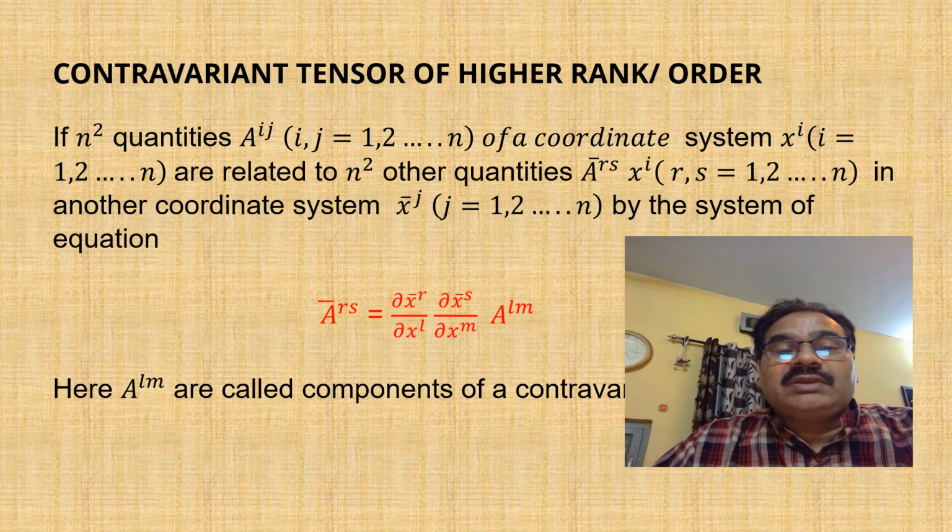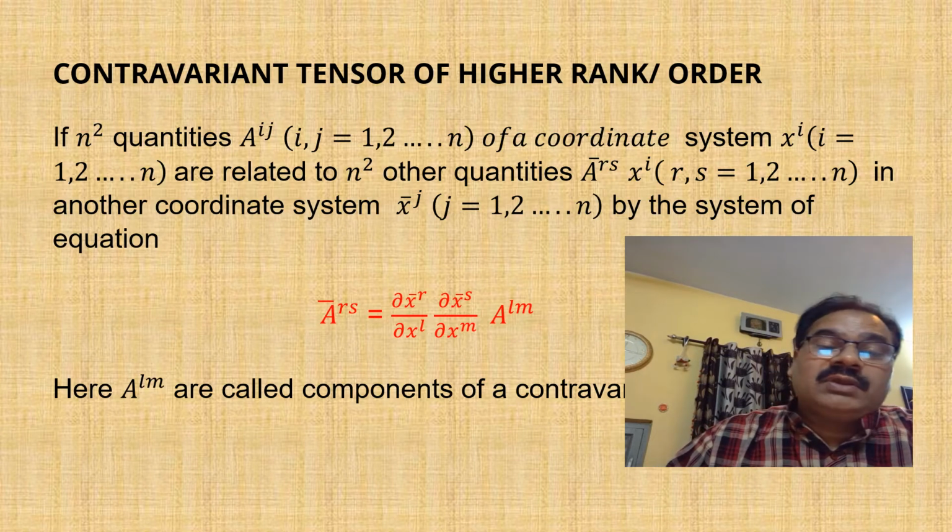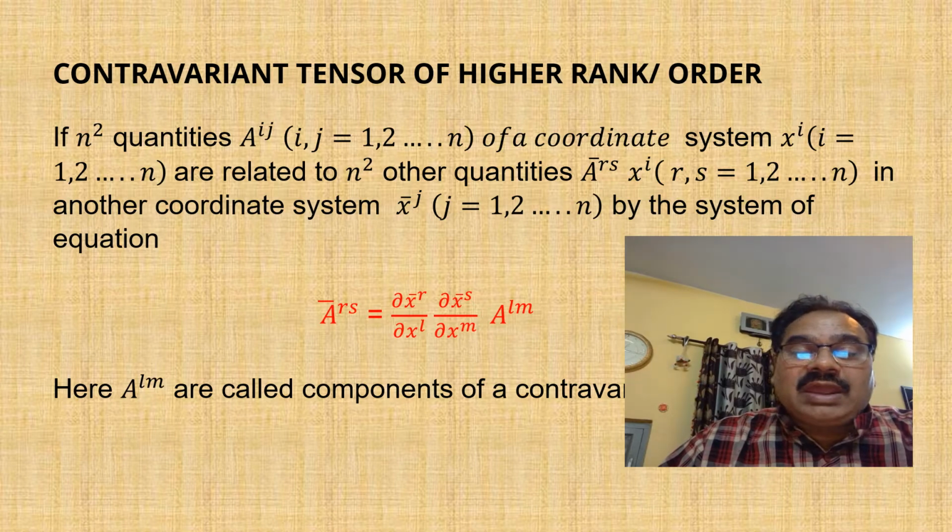Now similarly you can define the contravariant tensor of higher rank. If n square quantities, here with superscript a i j, where i and j vary from 1 to n in a coordinate system x i, are related to n square other quantities a bar superscript r s, where r and s vary from 1 to n in another coordinate system x bar j, then you can define a bar r s is equal to del x bar r and del x bar s in the numerator, and del x l and del x m in the denominator, times a l m. So you can easily observe the difference between the covariant tensor and the contravariant tensor.